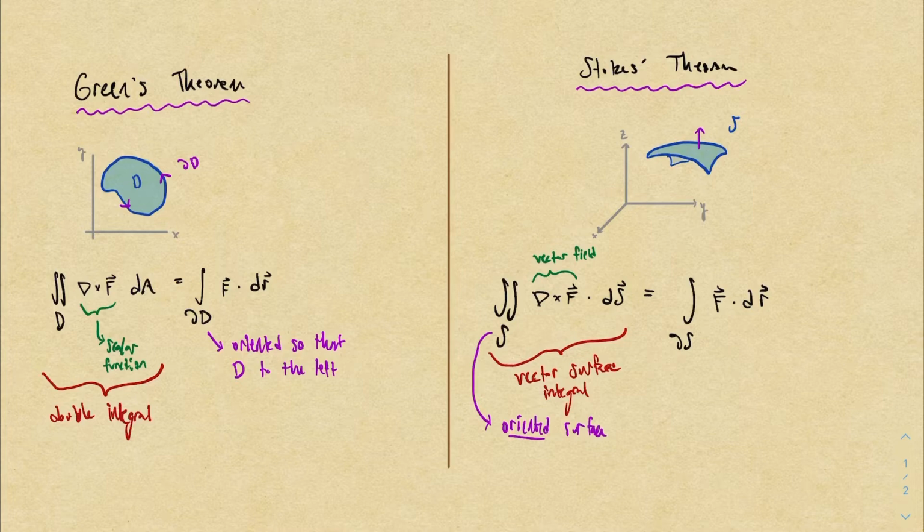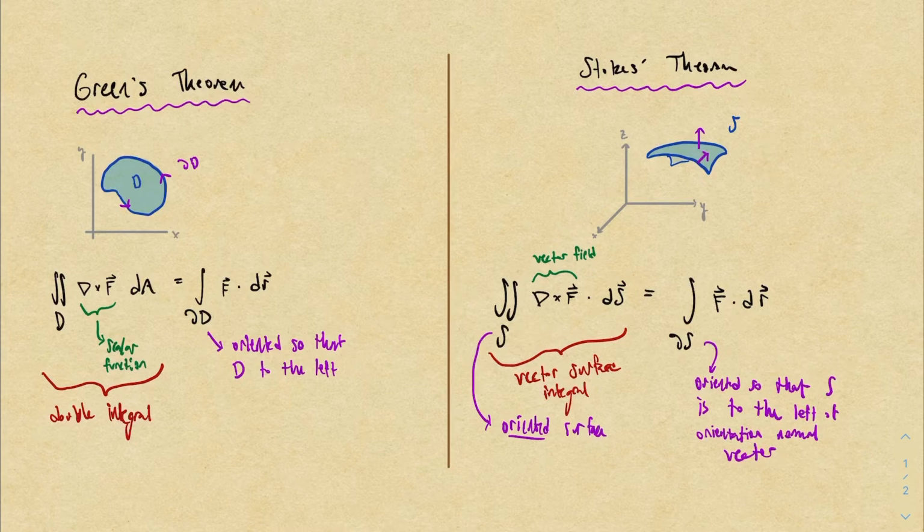What direction do you have to walk in so that the surface is to your left? That's how the boundary curve is oriented. So in my picture here, it would look like I walk this way in order for the surface to be to my left. An orientation of a surface, in other words, a normal vector, determines an orientation of the boundary curve, and vice versa.